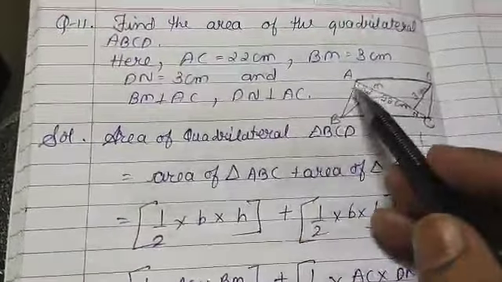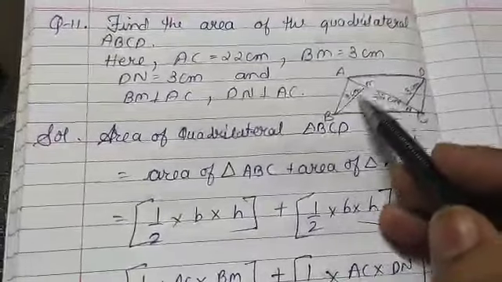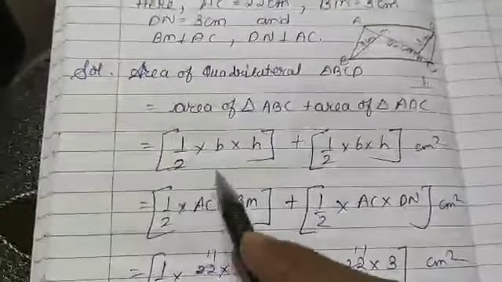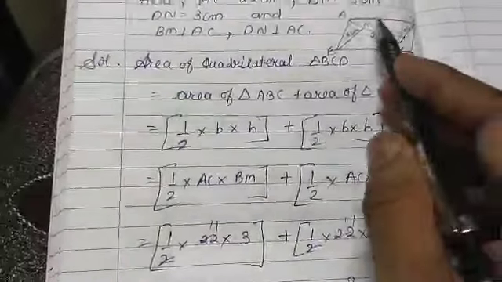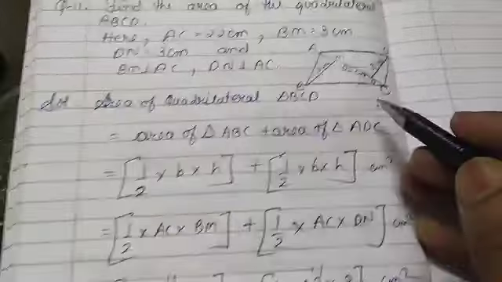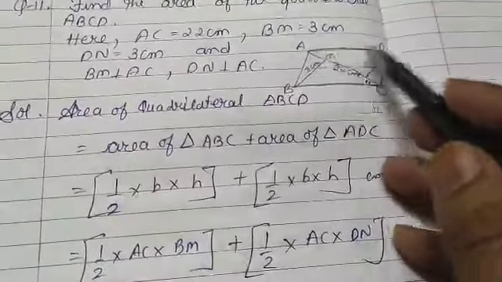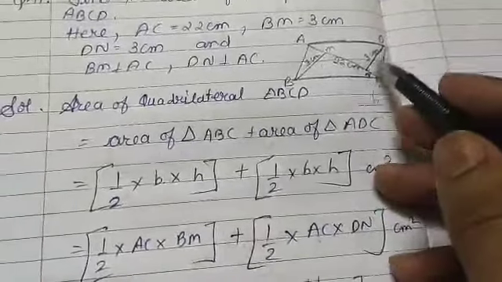If we observe triangle ABC, the base is 22 and the altitude is 3 centimeter. Write down half into base, which is AC, and the altitude, which is BM. The value of the base is 22 centimeter and the length of BM is 3 centimeter. Plus the area of triangle ADC. In that also the base is AC and the height is DN.